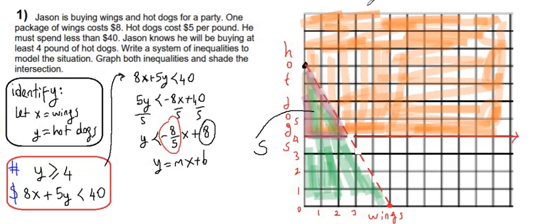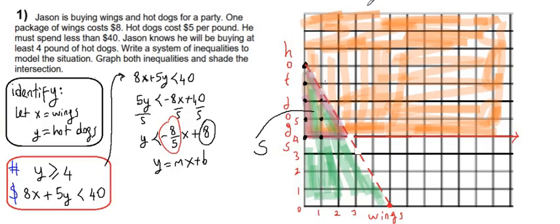For example, you can pick (0, 4). You can pick (0, 5), (0, 6), (0, 7). Can I pick (0, 8)? No, because anything on this line is not inclusive. I can pick (1, 4), (1, 5), (1, 6).